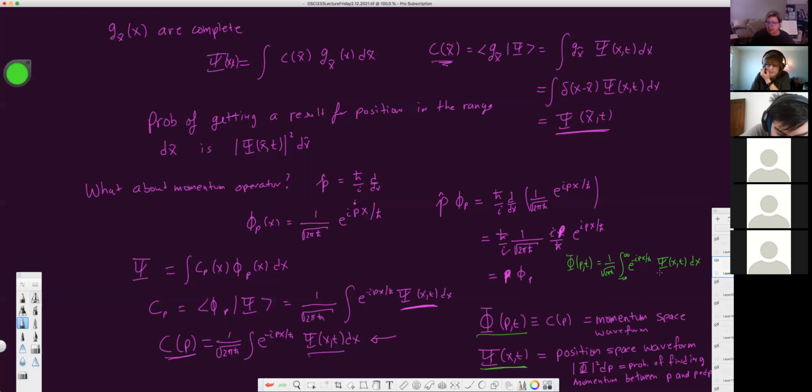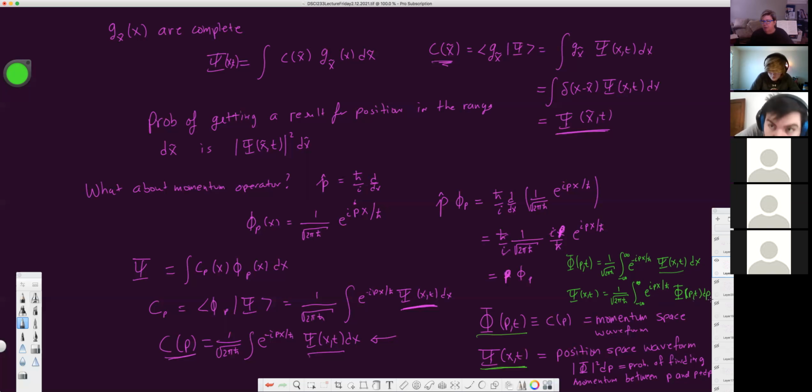And then to get back to the position space wave function, which is only a function of x and t, it's the inverse Fourier transform. So 1 over square root of 2 pi h bar, and then the integral from minus infinity to infinity of e to the positive ipx over h bar, and then you put in the momentum space wave function, and you integrate over all the p's.